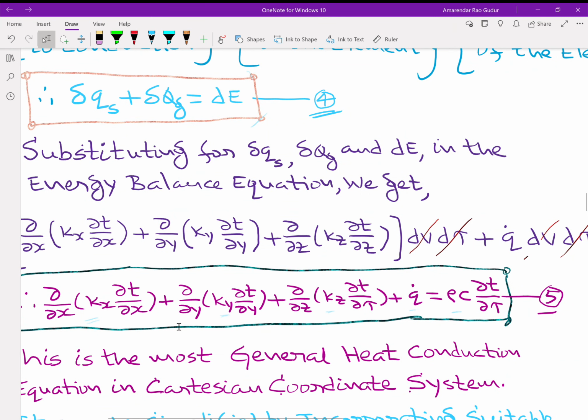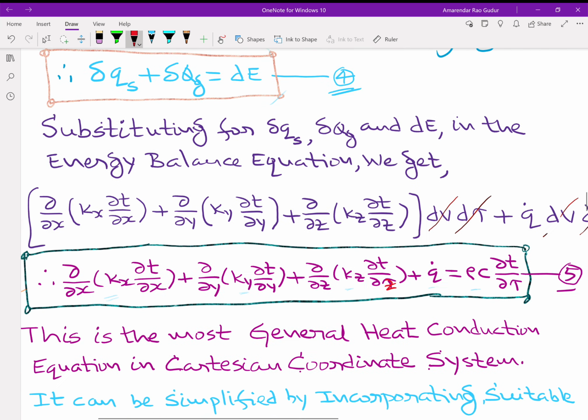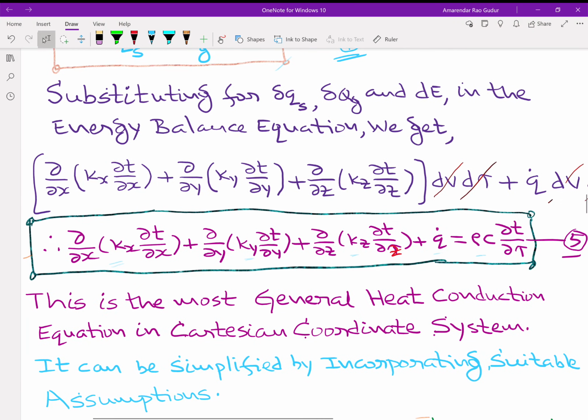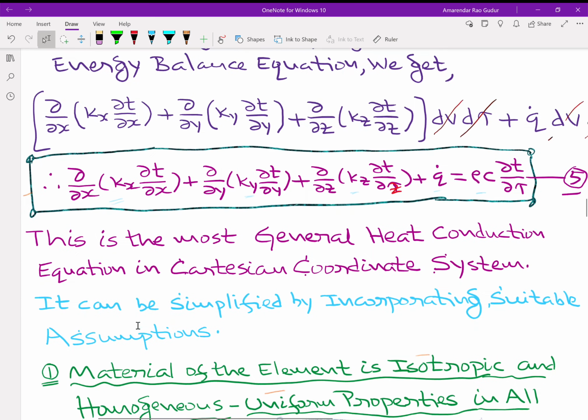Then we are going to have ∂/∂x (k_x ∂T/∂x), which accounts for x conduction, ∂/∂y (k_y ∂T/∂y), which takes care of energy stored due to y conduction, plus ∂/∂z (k_z ∂T/∂z), which accounts for z conduction, plus q dot, that is energy generated in the element, should be equal to the increase in energy of the system. Now this is the most general heat conduction equation in the XYZ system or the Cartesian coordinate system.